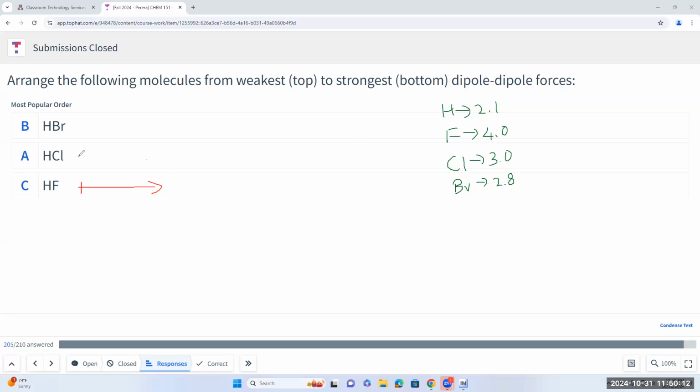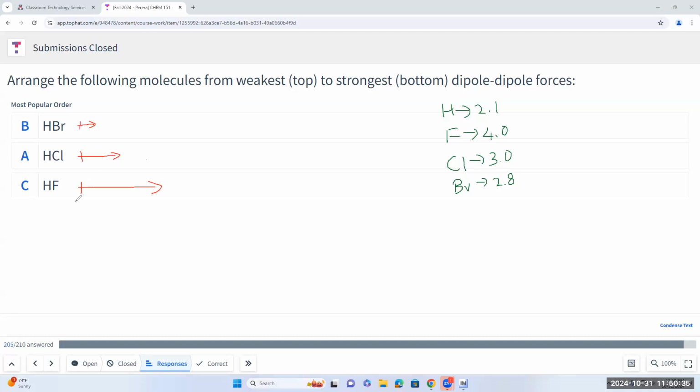Therefore, the HCl dipole moment will be smaller than that of HF. But in HBr, the electronegativity difference is smaller than that of HCl as well, 2.8 minus 2.1, which is only 0.7. Therefore, it will have the weakest dipole moment.